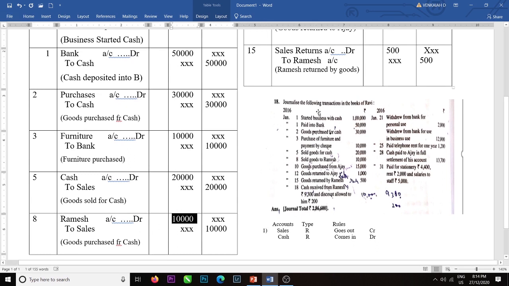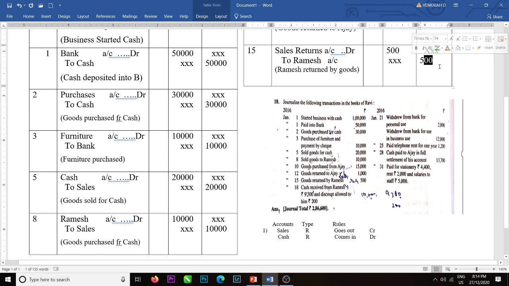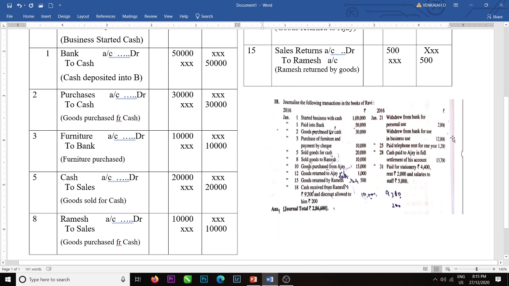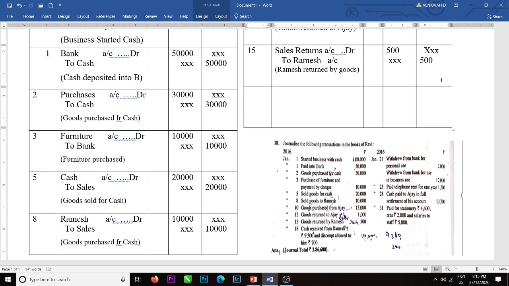Out of 10,000, Ramesh returned 500 worth of goods. So Ramesh has to give 9,500. In that 9,500, Ramesh is giving only 9,300 cash. So how much cash are we receiving?